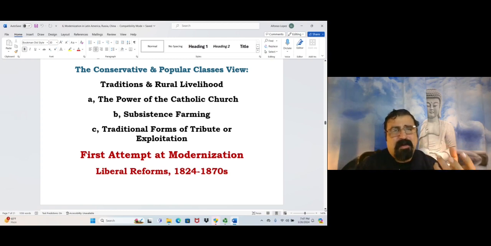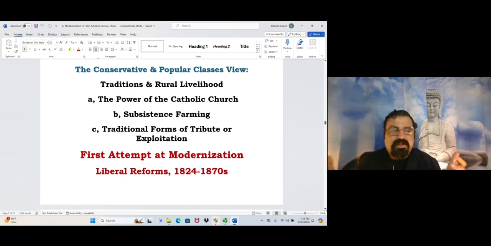And also, within the conservative camp stood the popular classes, the indigenous population, for example, in Latin America, the lower classes as well. From a cultural perspective, they tended to be more conservative because they also prefer to preserve their livelihood centered on the countryside.